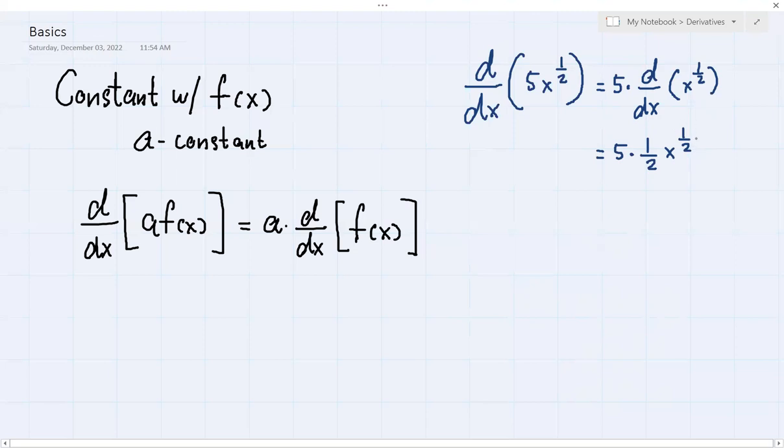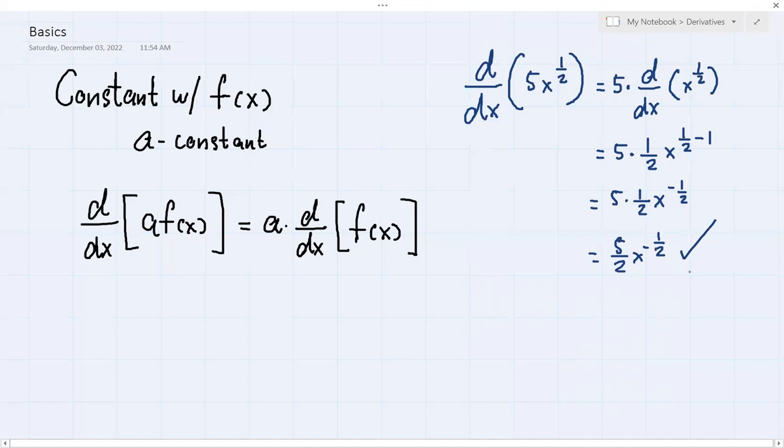Then, sa exponent part, we will subtract it by 1. So, 5 times 1 half times x raised to 1 half minus 1 is negative 1 half. Therefore, kung i-multiply natin silang dalawa, we will have 5 all over 2 times x raised to negative 1 half.